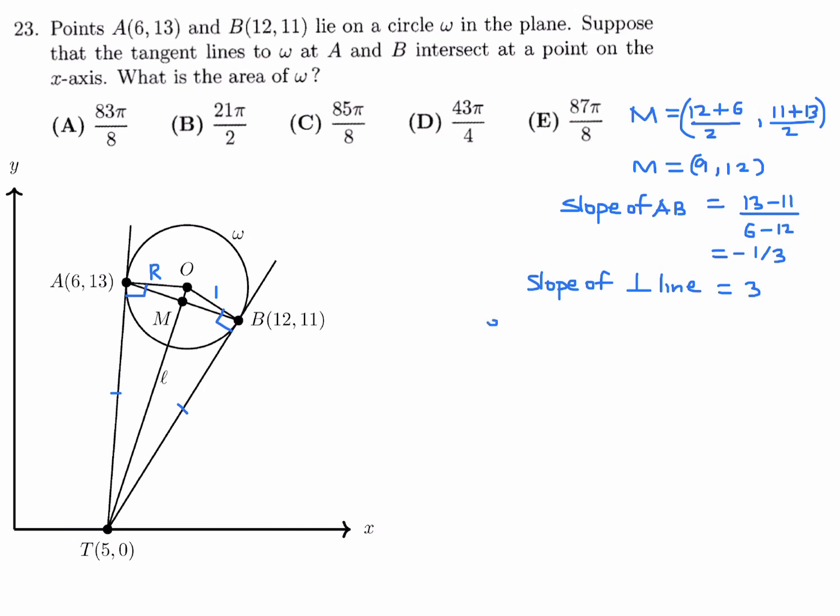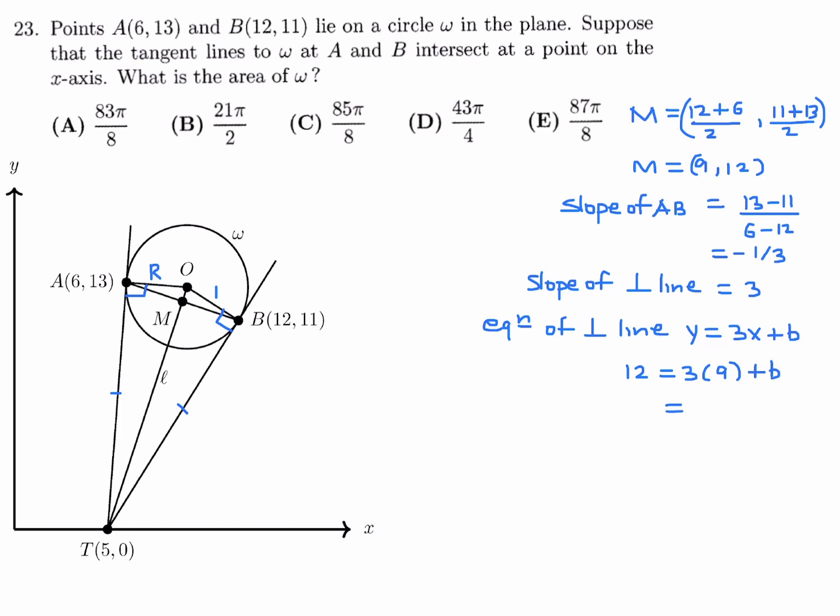So that means the equation of that perpendicular line, which is right here, is going to be y = 3x + b. And since M is on that line, I can sub that in. So 12 for y and 9 for x.